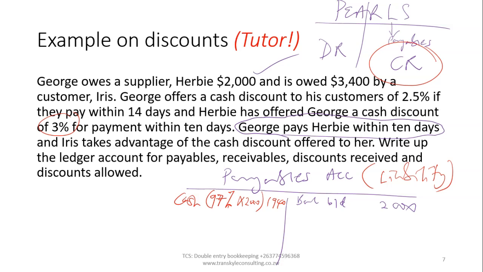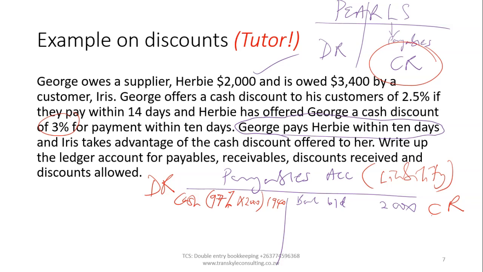However, he reduced this amount by paying $1,940. To reduce the credit, you have to debit. So this is why we write a debit entry. Remember, this is a credit entry.